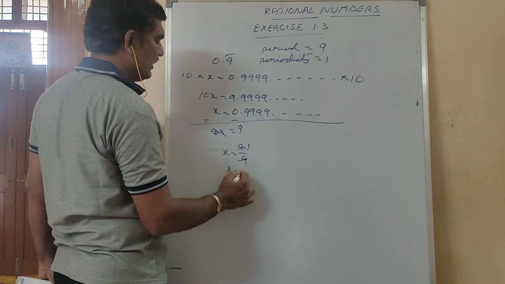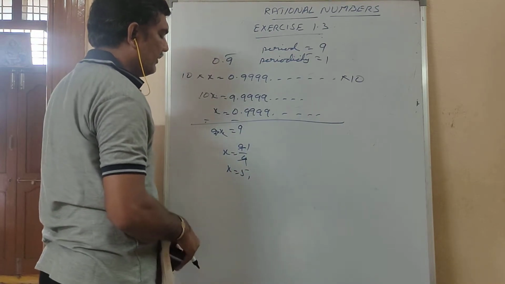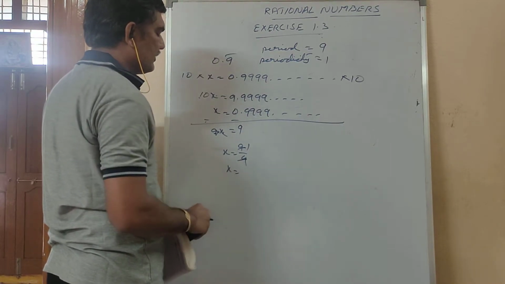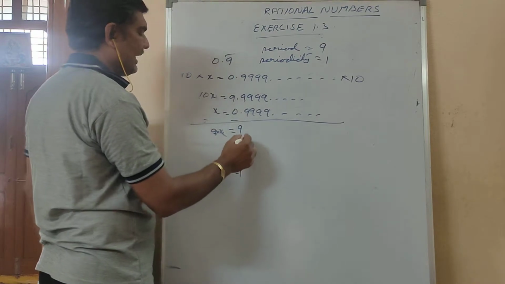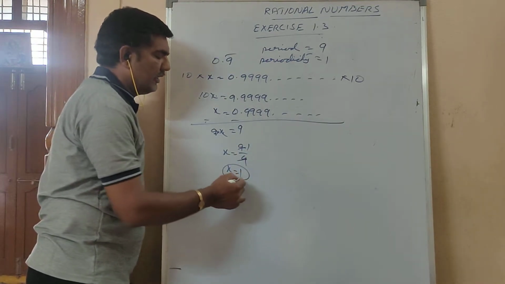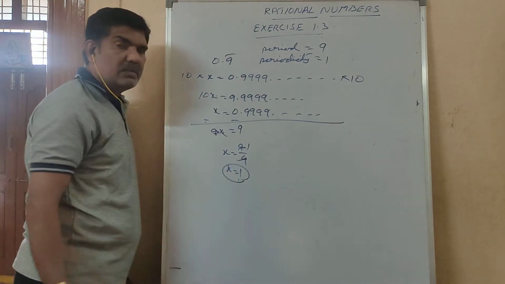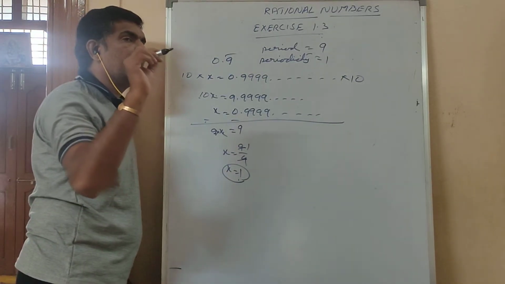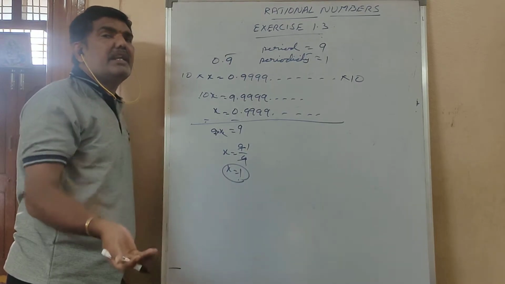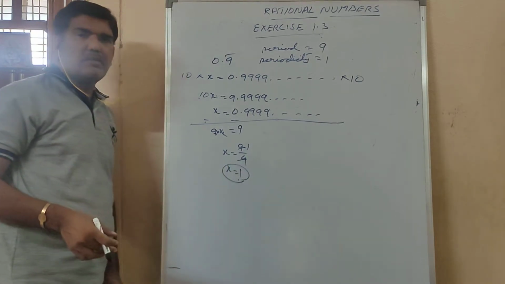How much is it? X is equal to 1. 9 and 9 cancelled and 1 remains. So what is 0.9 bar? Its value is nothing but 1. 0.9999999 infinite times is nothing but 1.